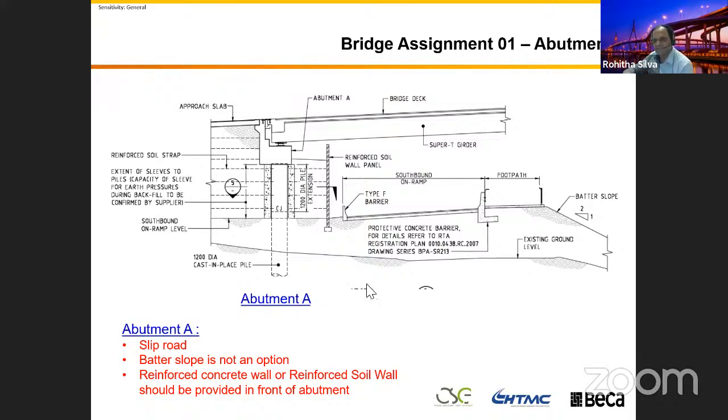And at abutment A, because of the slip road, a batter slope is not an option here. Because of that, either a reinforced concrete wall or a reinforced soil wall should be provided in front of the abutment.